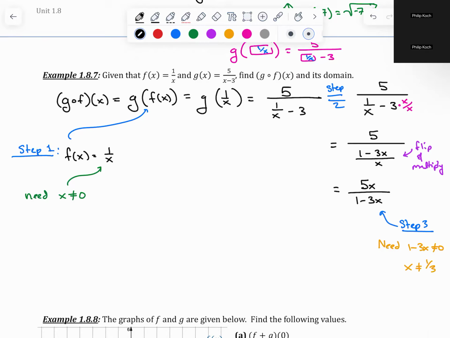Let's draw a number line to figure this out. Here's 0. Here's 1/3. From the green, we need 0 plucked out. From the orange, we need 1/3 plucked out. But everything else is fair game.